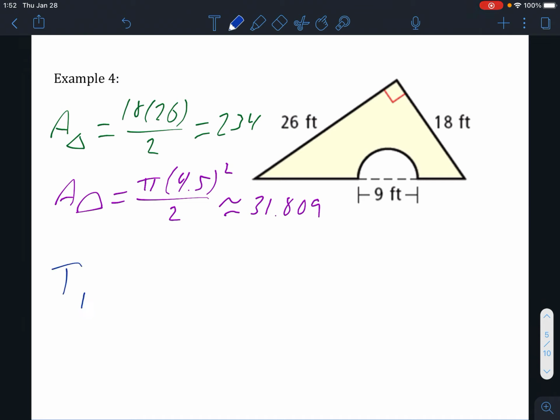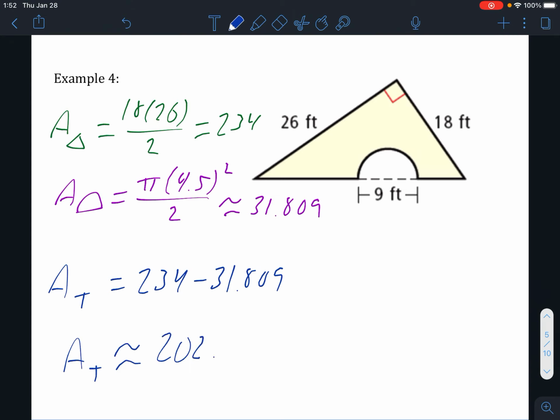So our total area for this one is going to be 234 minus 31.809. And then our total area is approximately 202.2 square feet.